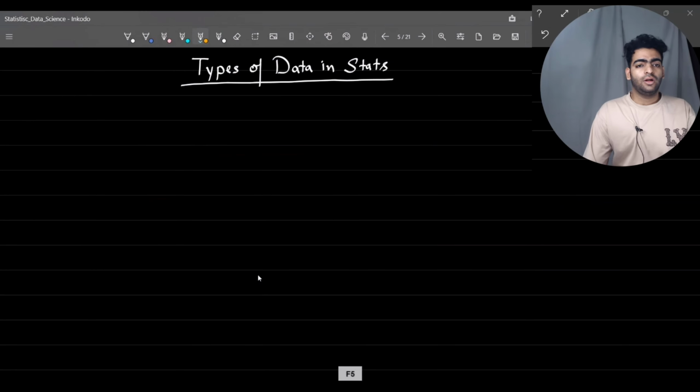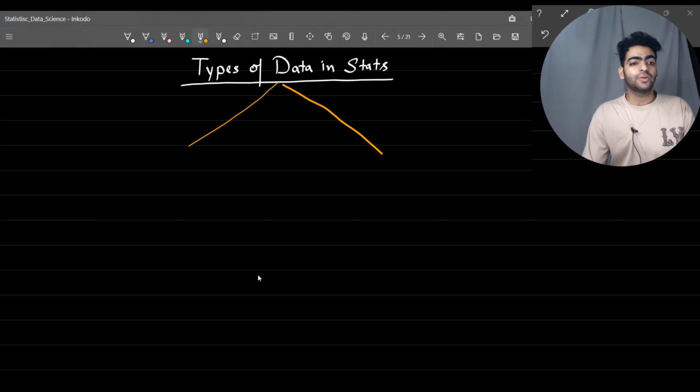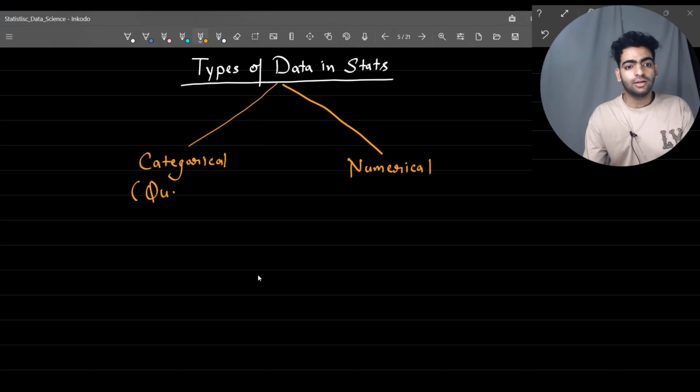Let's go ahead. Now let's talk about what are the various types of data in statistics. So there are two types. The very first is categorical data, and the second is numerical data. Categorical data is often known as qualitative data.